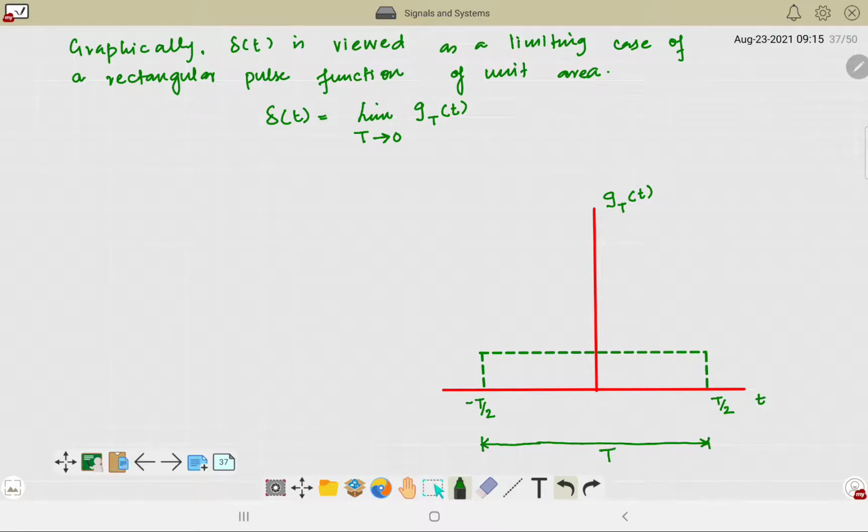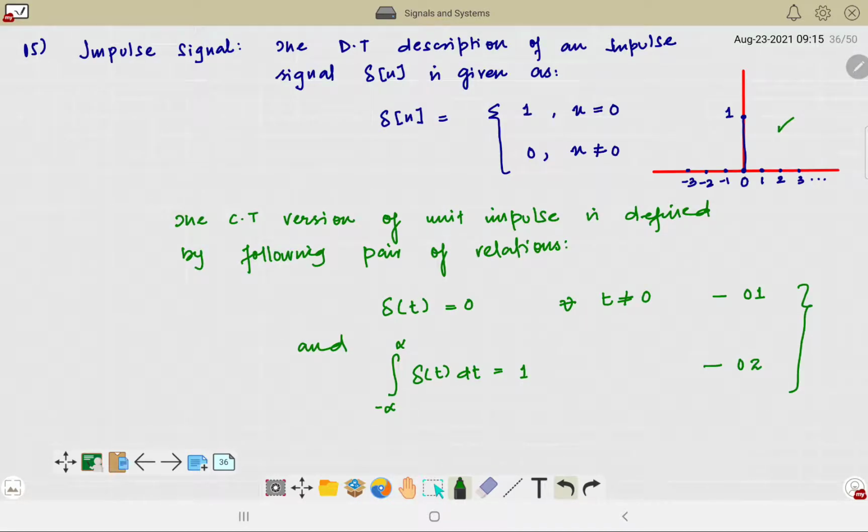Which means this time span is equivalent to T, and the height of this pulse is 1 upon T. Now if you try to find the area under this pulse, it will be T into 1 by T, which is equivalent to unity. So this has a unit area. So it kind of fits this property.